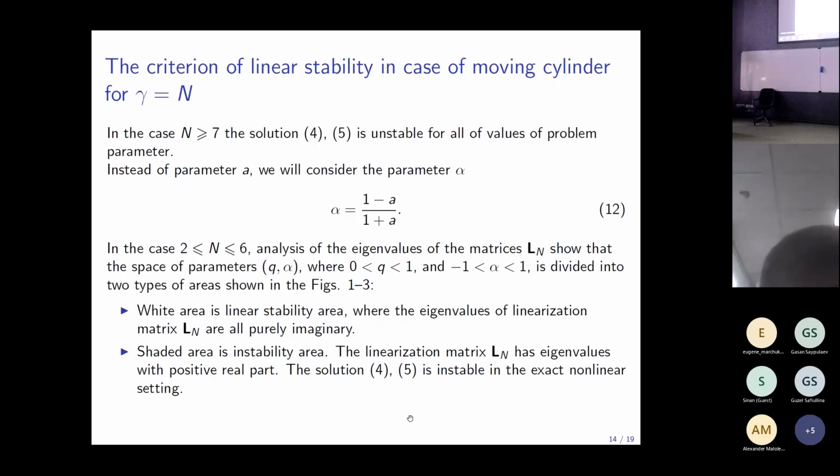For the case when n is from 2 to 6, analysis of eigenvalues of matrix L shows that the space of parameters Q, alpha is divided into two types of areas. The white area is the linear stability area and the shaded area is the instability area.